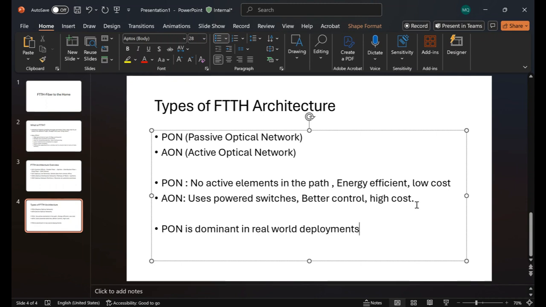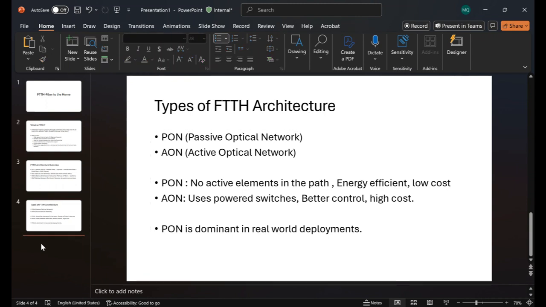That's why we call it passive. We can further explain PON technology, which is widely used in real world deployments.